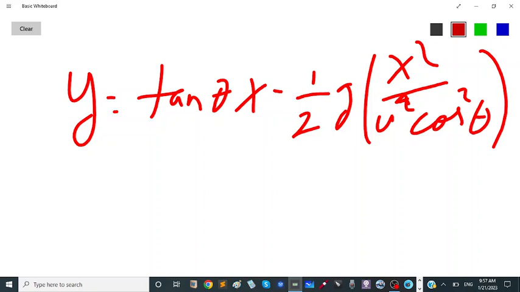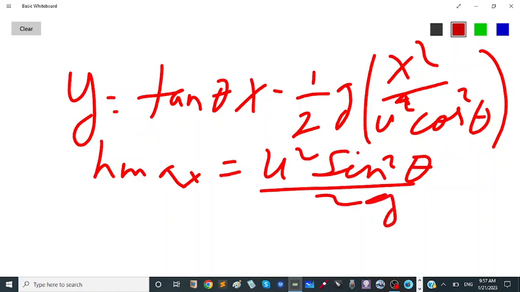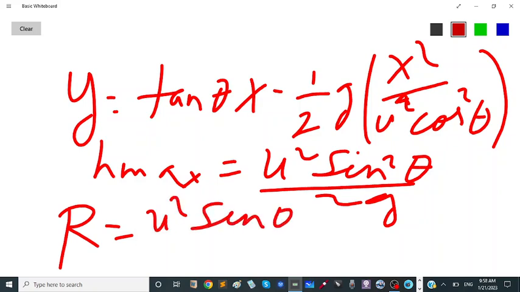The other is h max, which is given by u square sine square theta over 2g. The other is range, which is given by u square sine 2 theta over g.